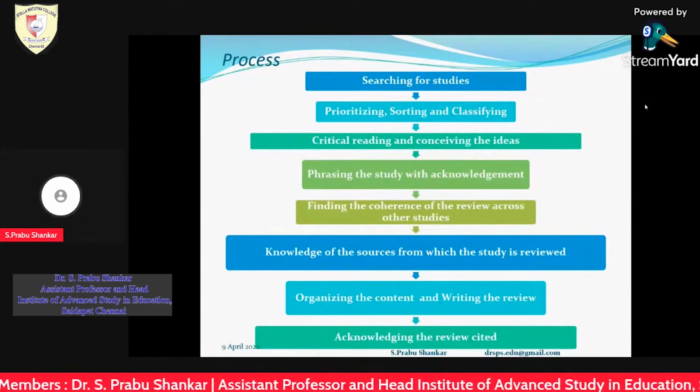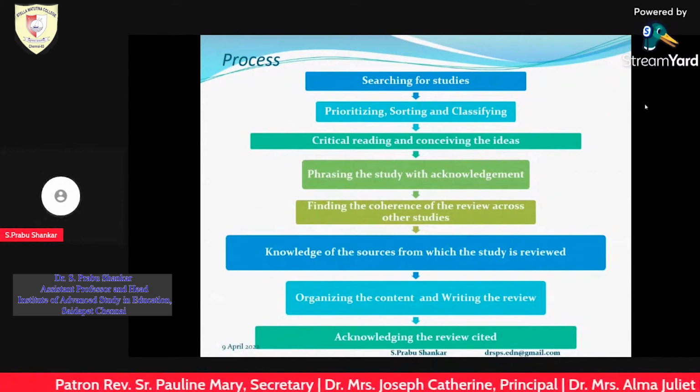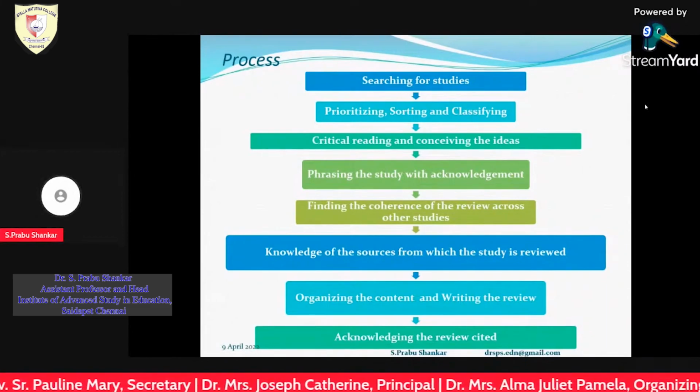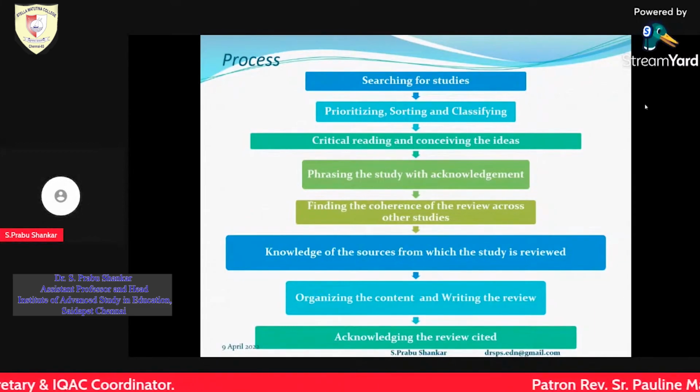So generally, searching for studies is the first step. Then prioritizing, sorting and classifying, critical reading and conceiving the ideas, phrasing the study with acknowledgement. So this is very important, because I have seen in some theses very critically, some of the research scholars try to plagiarize, what we call mosaic plagiarism.